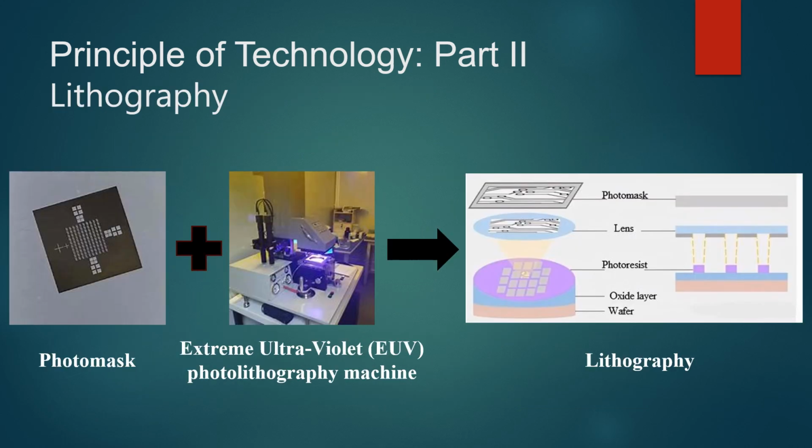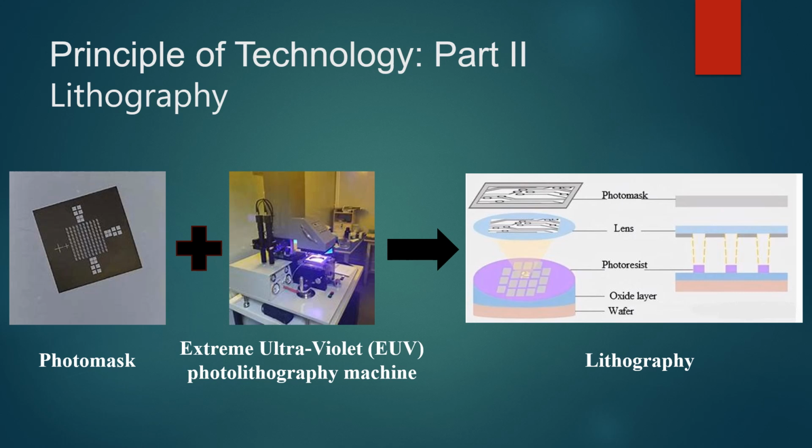And as for lithography, one of the most important tools is the photolithography machine, which we see here is an extreme ultraviolet photolithography machine. Combined with a photomask, we can achieve the pattern we want.